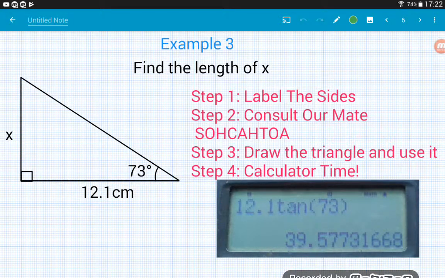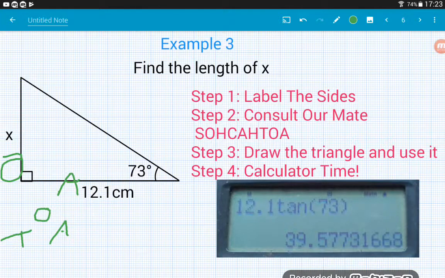Okay, so example number 3, let's label the sides. This bottom length here that we know is going to be the adjacent, and x, the side that we're looking for, is going to be the opposite. So this time we're using tan. Our triangle for tan is TOA, and we're looking for the opposite.